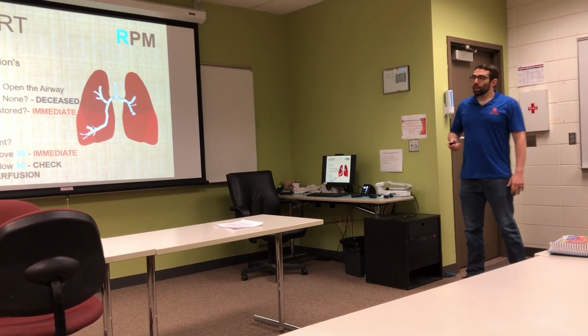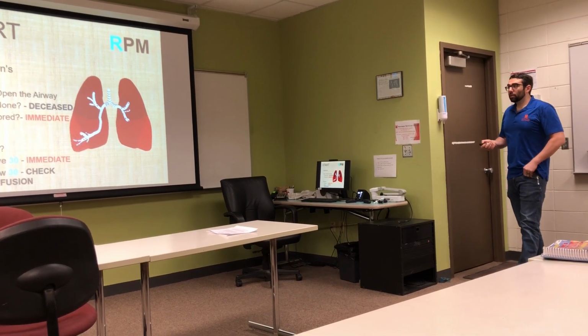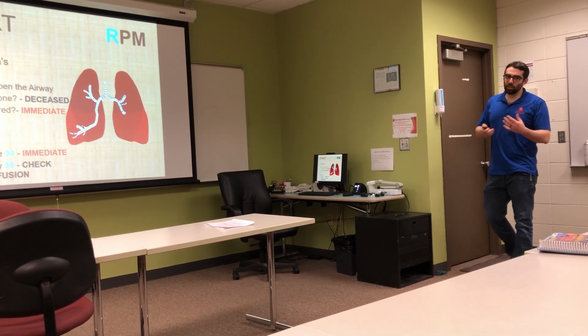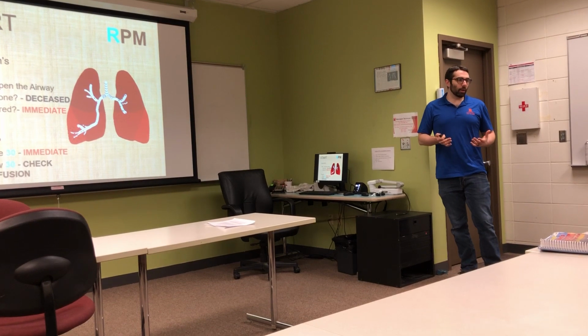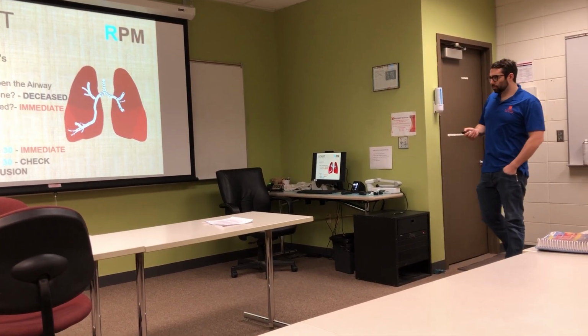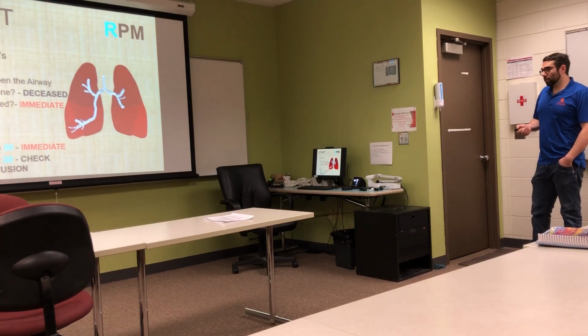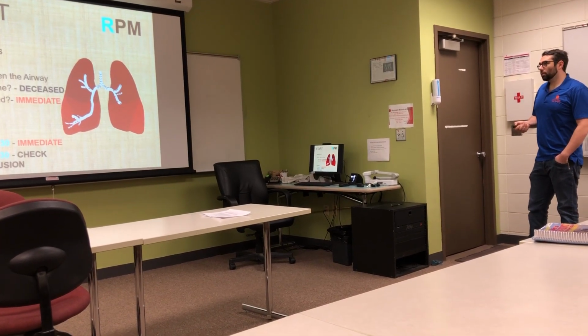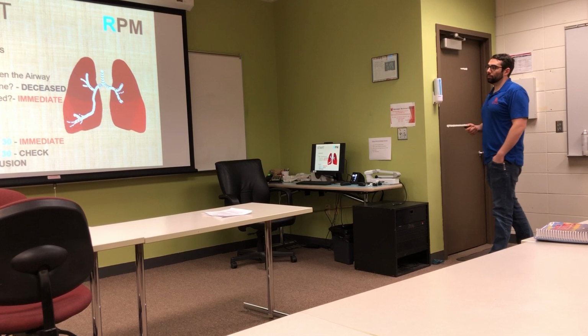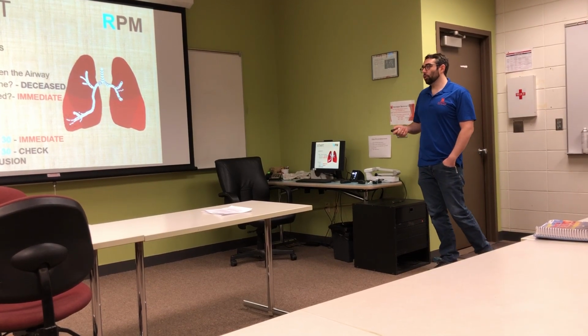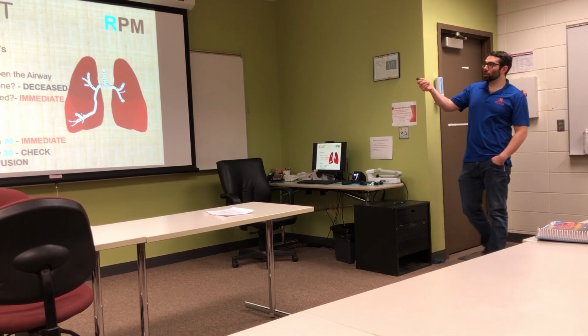Nothing we can do. If it's restored, then they're going to be a red tag because they obviously had some sort of airway compromise. If we get to that patient and they are breathing, if it's above 30, they're going to be a red tag. If it's below 30, then we're going to move on to our P step.